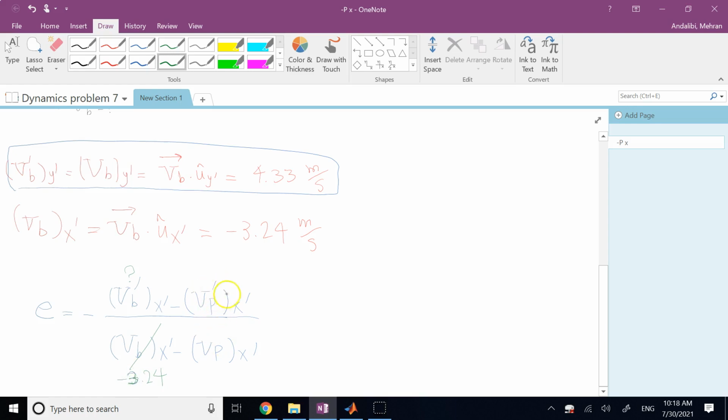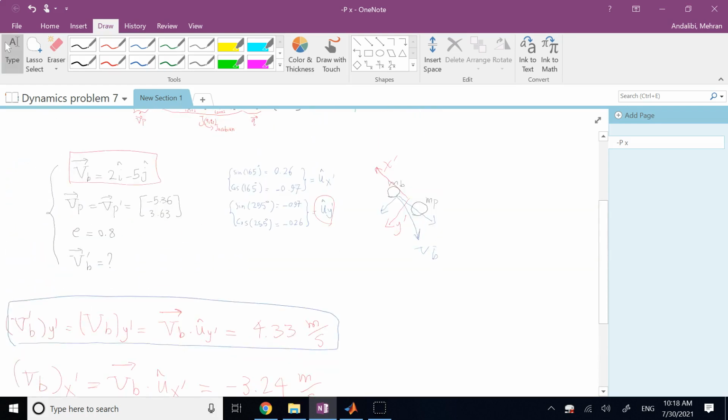What about the rocket, or point P? How much is the x component of velocity of the rocket along x prime? Well, for that, I need to project this vector along x prime. So I also need velocity prime of P along x prime, correct? Which is the same as velocity of P along x prime, because the velocity of a rocket does not change due to impact, and that is the dot product of this vector and x prime.